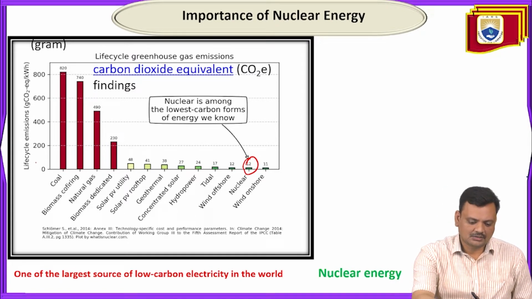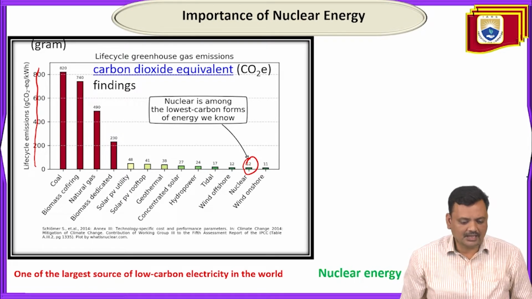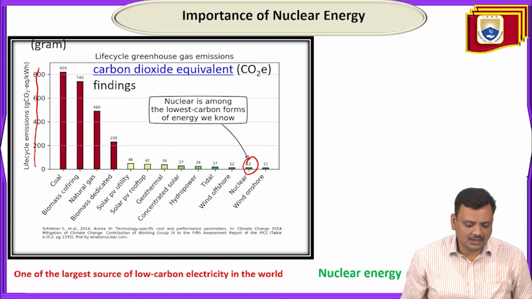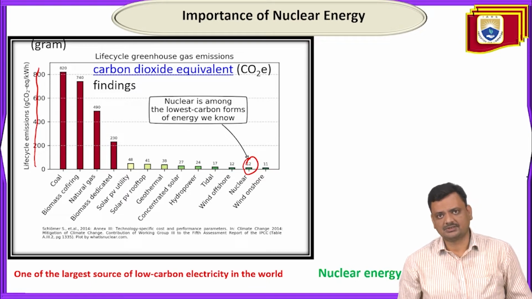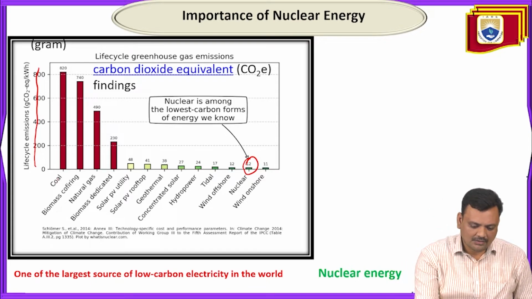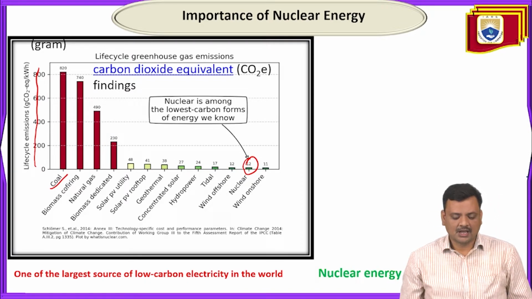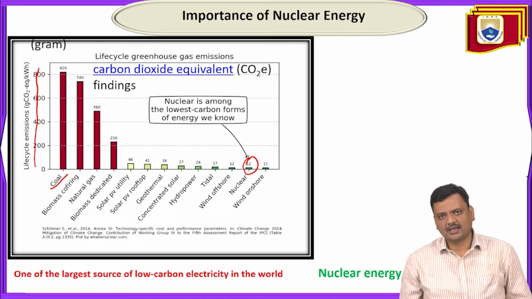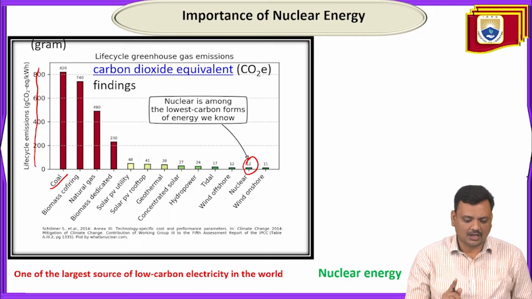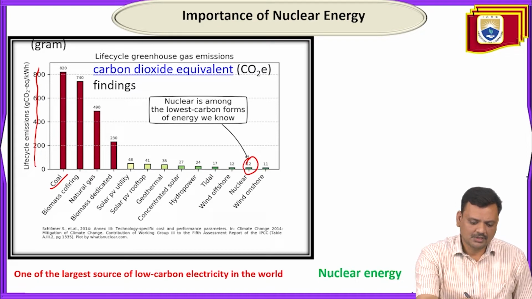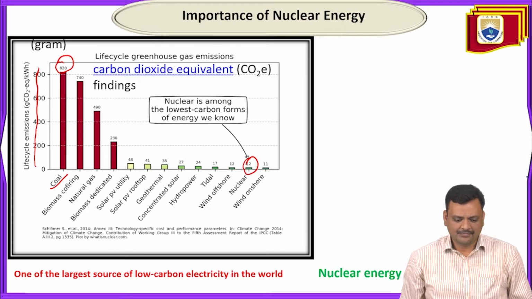Here you can see the life cycle emissions of carbon dioxide equivalent per kilowatt hour. If you use coal for generation of electricity, how much carbon dioxide-like gas will be generated for generating 1 kilowatt hour of power? 820 grams will emerge.